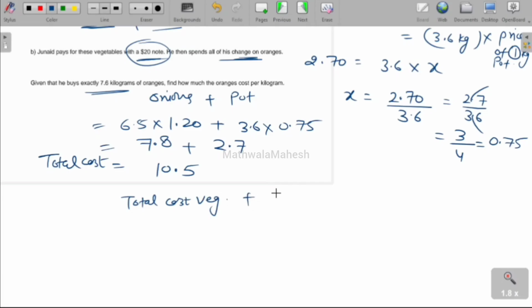plus total cost of oranges equal to $20.